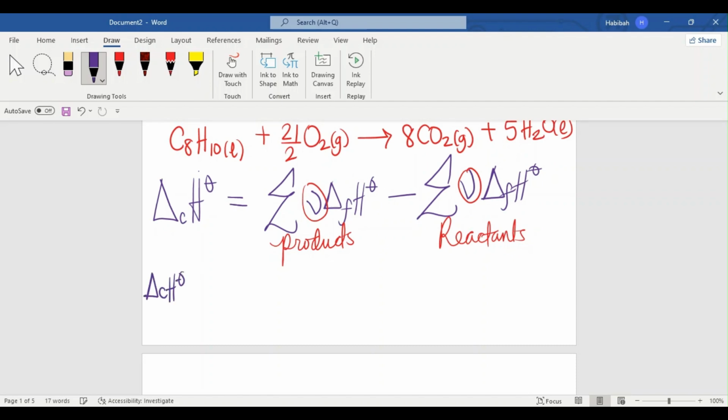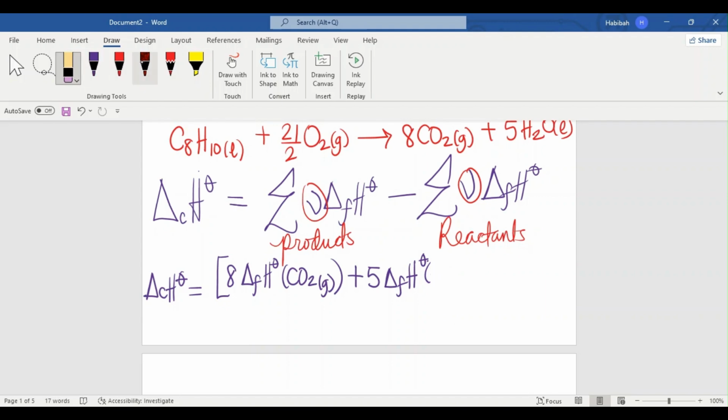So we have this here equals 8 times the standard enthalpy of formation of CO2 gas, plus 5 times the standard enthalpy of formation of H2O gas, sorry, H2O liquid. Why am I saying H2O gas? H2O liquid. So I'm just showing you what we're doing here.